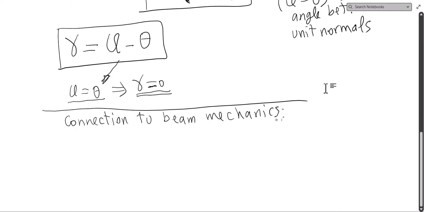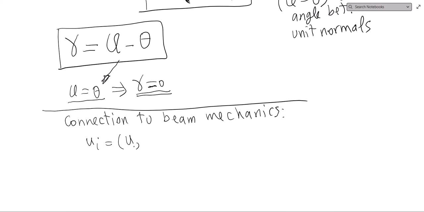If I come here, as you remember, probably if I say u_i, the displacement is u, 0, w, and then we had u is a function of x, z. In the cross section, u is the x component, and w is w(x), if you recall in Timoshenko.